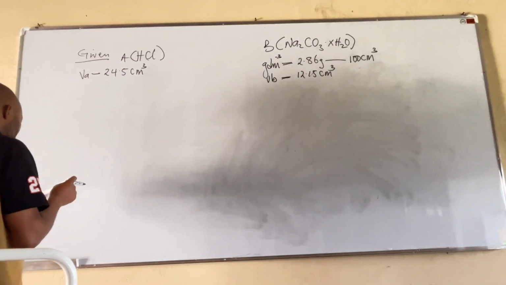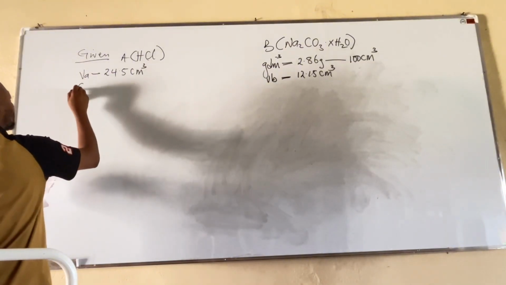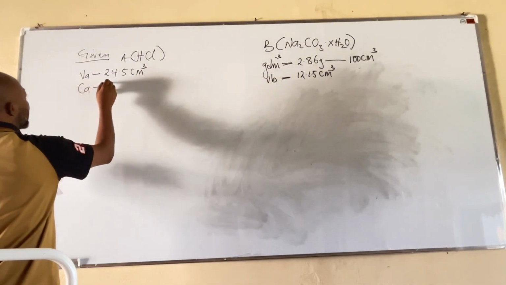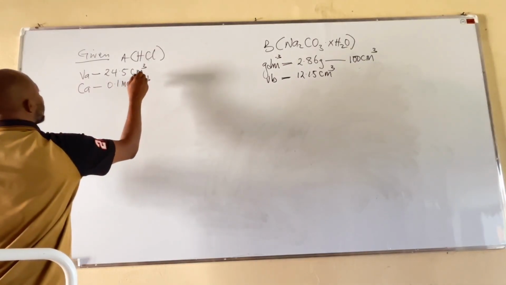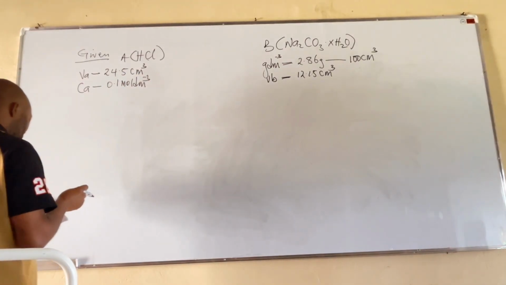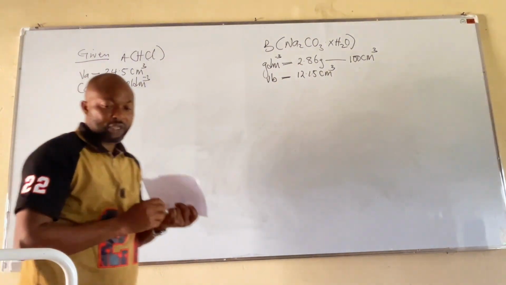And the molar concentration of the acid is given to be 0.1 mole per dm³. We should calculate the molar concentration and so on.